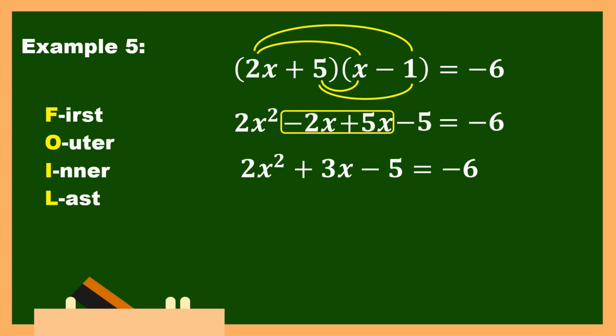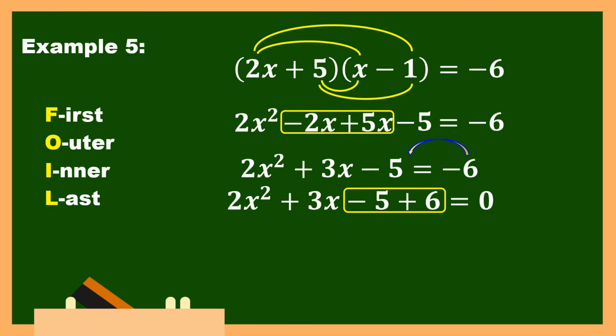Kasi mas taas ang absolute value ni 5x kaysa sa 2x. Then, ngayon naman, ita-transpose na natin o ililipat si negative 6 papunta sa kabilang side para ma-equate na natin siya into 0. So, magiging 2x squared plus 3x minus 5 plus 6 equals 0.